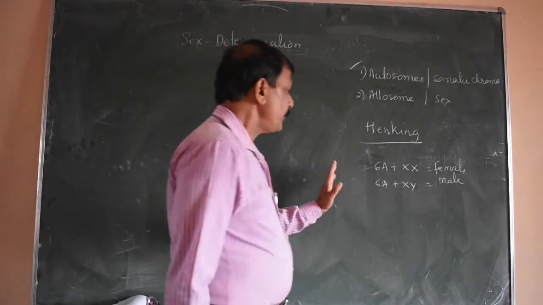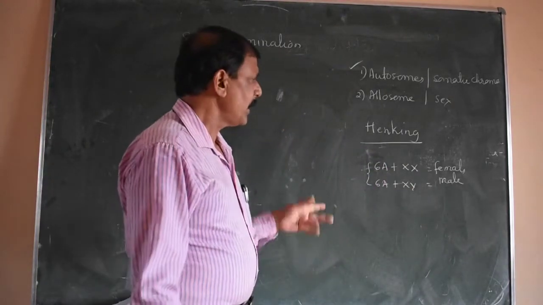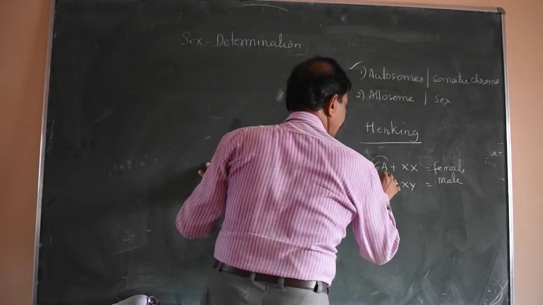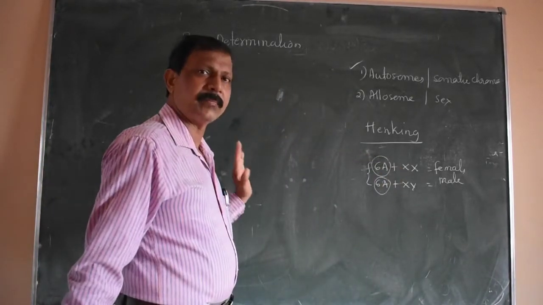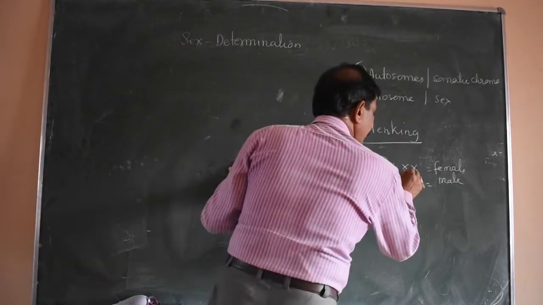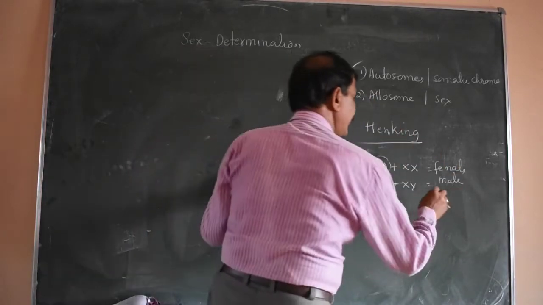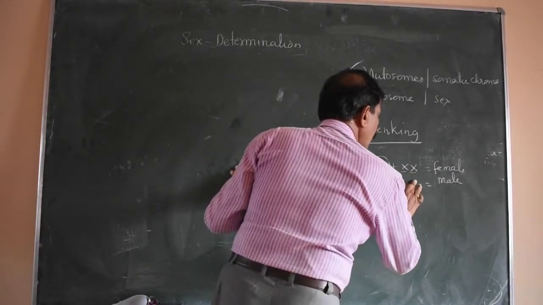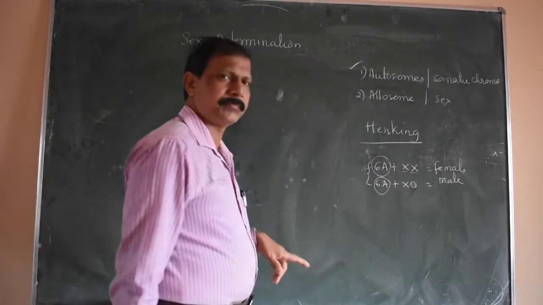See, here, just imagine Drosophila melanogaster, or a grasshopper, or any insect containing 8 chromosomes. The 6 autosomes are there, and they are as usual; in both male and female they are exactly the same, with no difference. And in the female, what he observed in the particular insect is that 2 X chromosomes are there, and in the male only one X body is present, another X body is not present, and that shows the genotype.